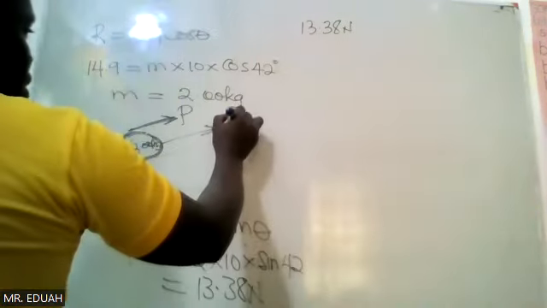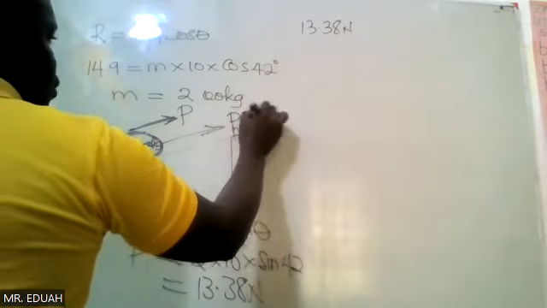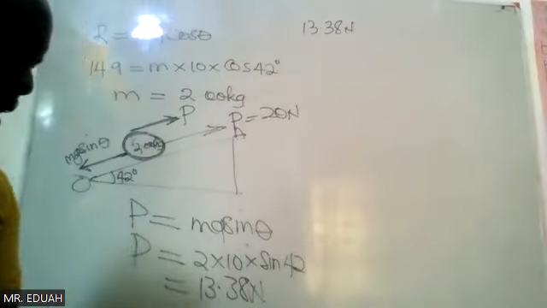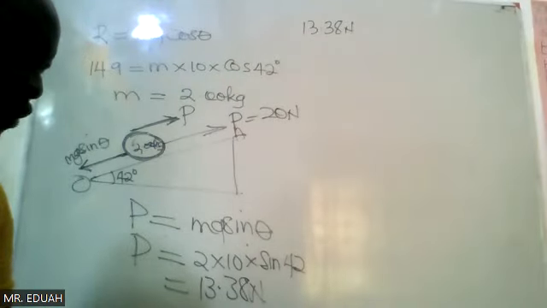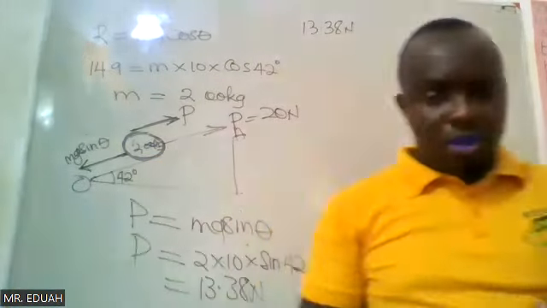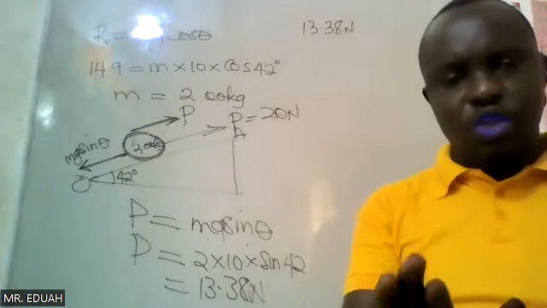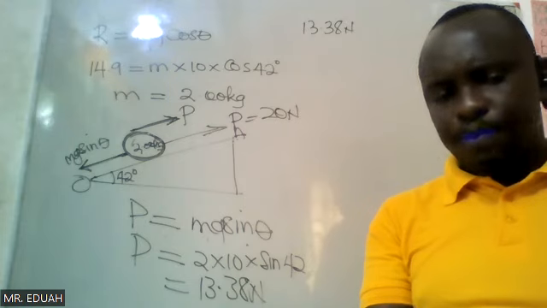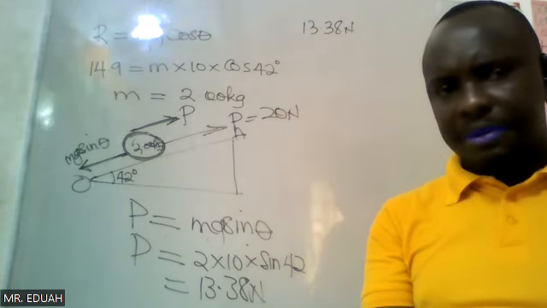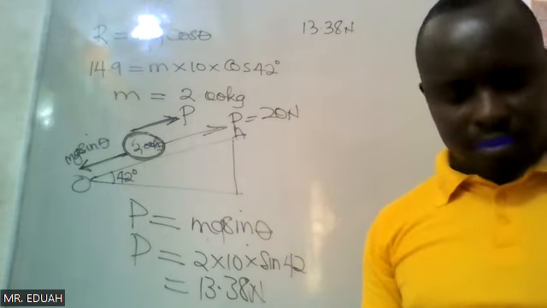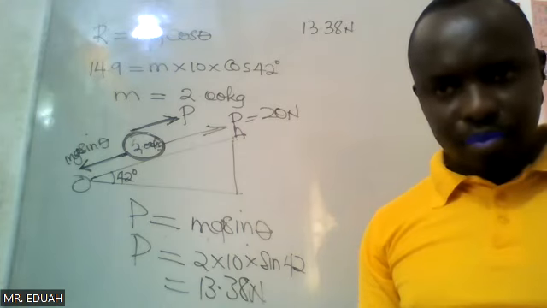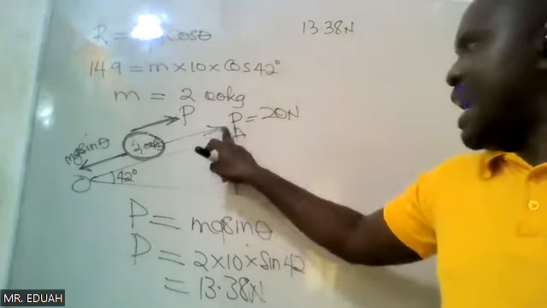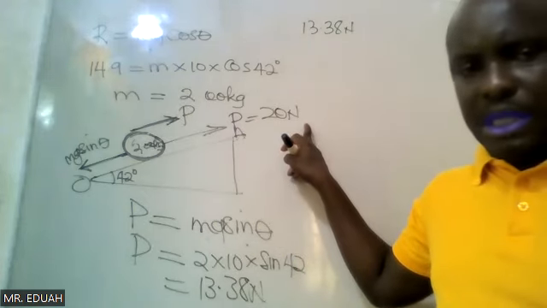So if P is 20 Newton, find the resultant force along the plane. Without spending much time, can somebody quickly tell me what the resultant force will be? Charlotte, are you there? So the force pulling this up the plane is 20 Newton.